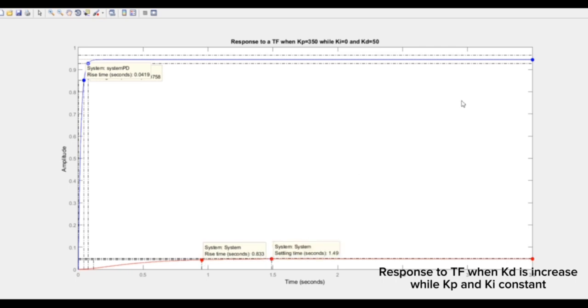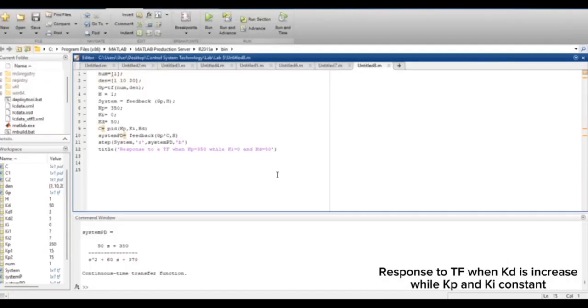So the rise time is 0.0419, the settling time is 0.0758, and the final value is 0.946. So with that, that sums up the graphs, and thank you for listening.